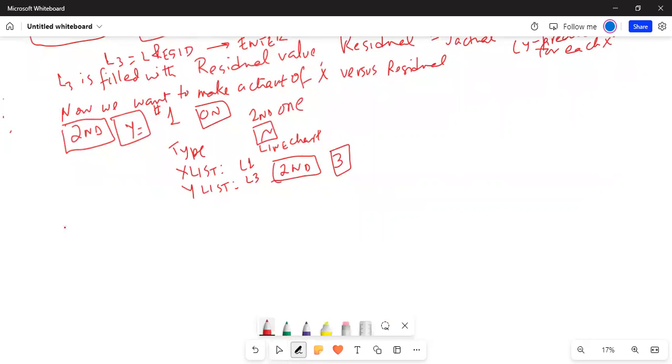And then press zoom and then 9. Zoom is in the first row of keys, the third key.